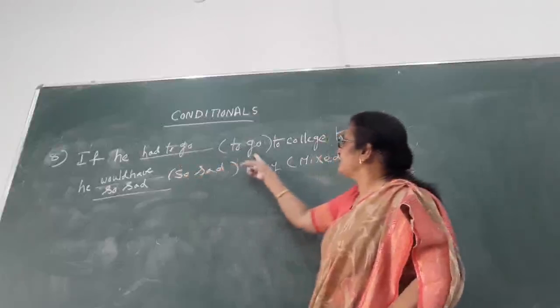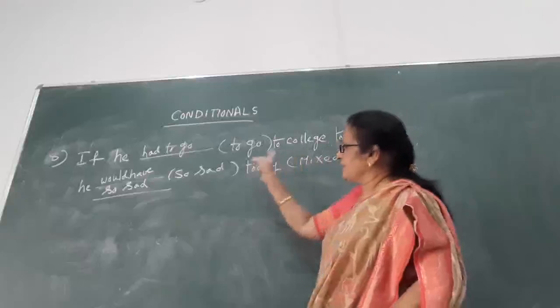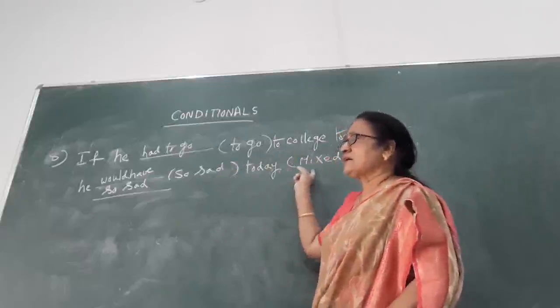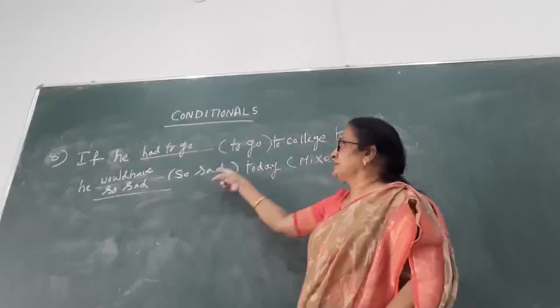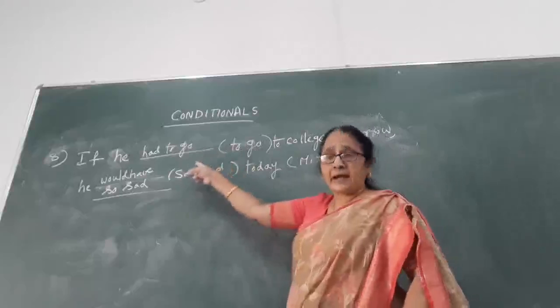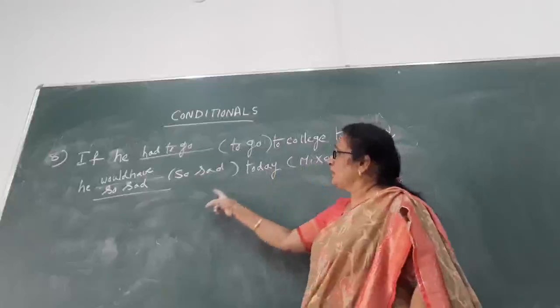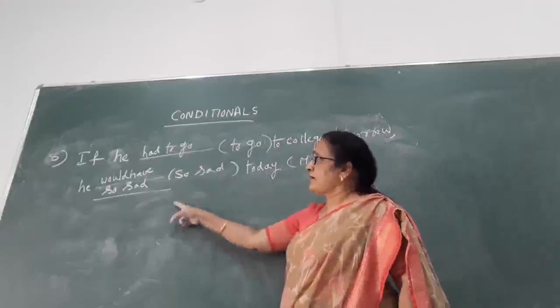If he dash within brackets to go to college tomorrow, he dash so sad. For that mixed conditional, what will you write? The if clause will be past perfect. That is, if he to go becomes had to go. If he had to go to college tomorrow, he dash so sad. He would have so sad.